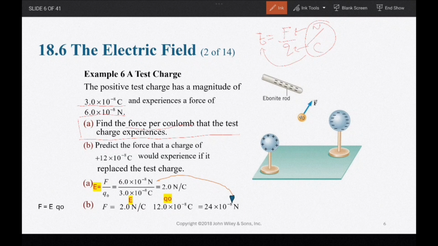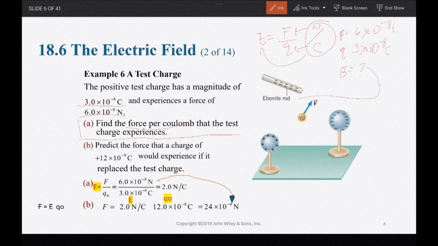Now, let us write the following givens. We have a test charge Q of 3 times 10 to the power of negative 8 coulomb, F is 6 times 10 to the power of negative 8 Newton, and E is unknown. Now, we can apply this to our formula.